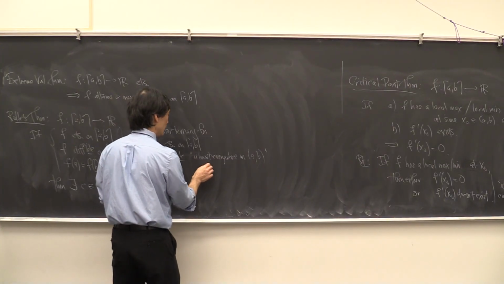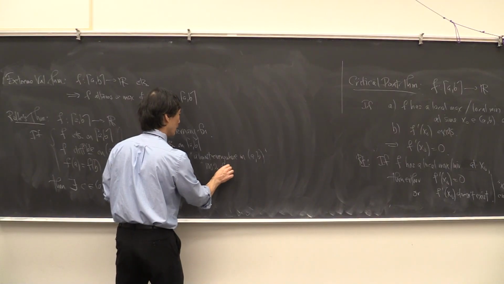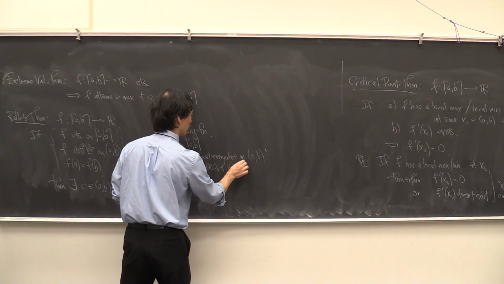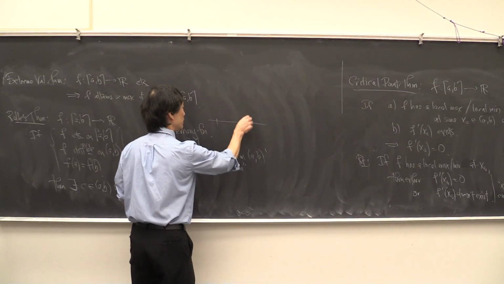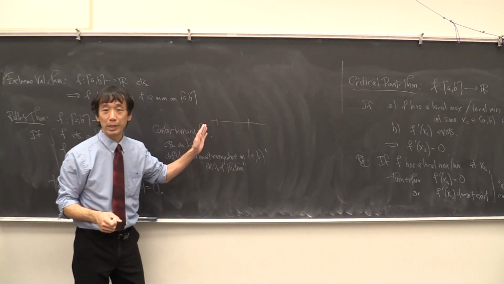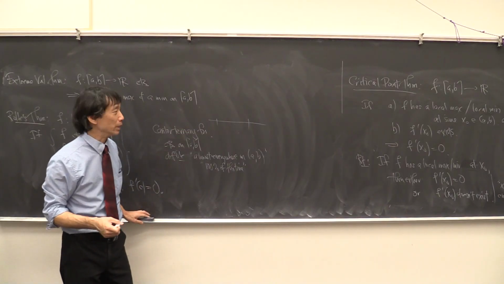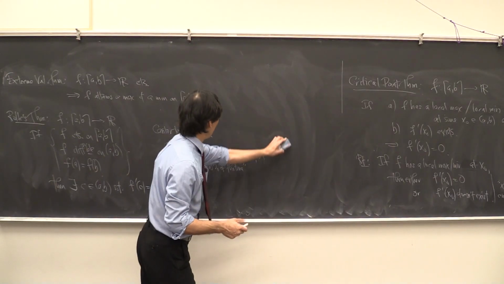And you can think of this almost everywhere as being sort of like 100% of the time. So barring a set of points that has zero measure is what it technically means. Okay.